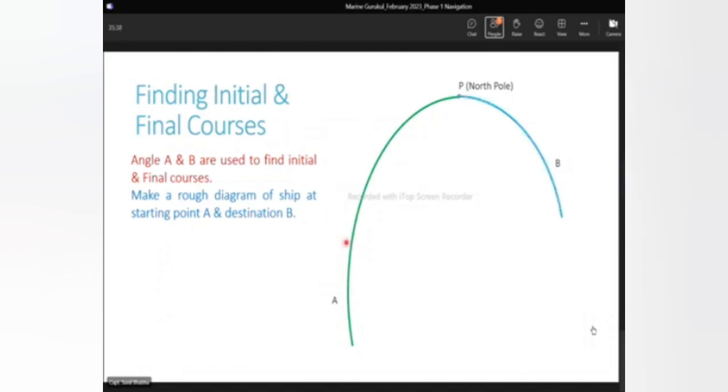We can concentrate only on the PAB triangle part of it. So you see the North Pole, the initial position A, and the final position B. AB is the great circle track between these two positions. Let's first make a rough diagram of the ship at position A when it is moving on this great circle track, and then a rough diagram of the ship at our destination position B.